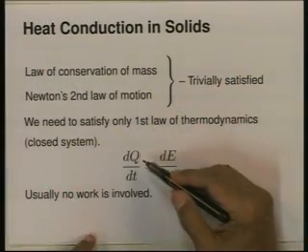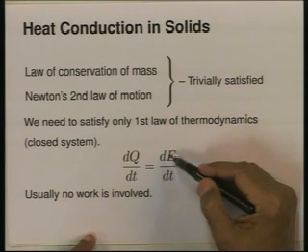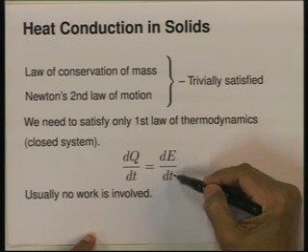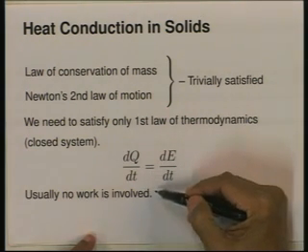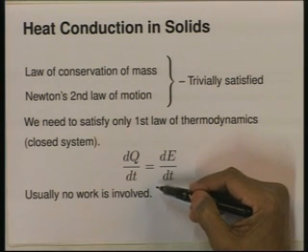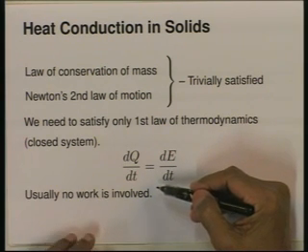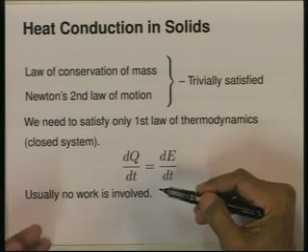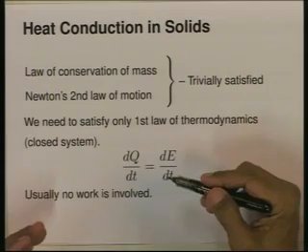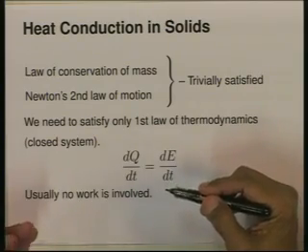So the first law simply reduces to dQ/dt equal to dE/dt, because there is no work involved. This is one good reason why we study heat conduction in solids first. It is mathematically a little simpler, in the sense that of the fundamental laws we have to satisfy only one, and that too the first law for a closed system.